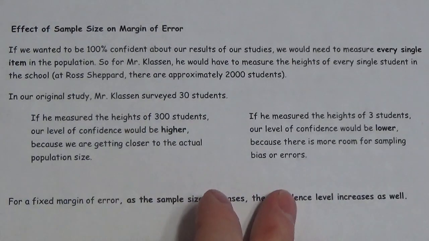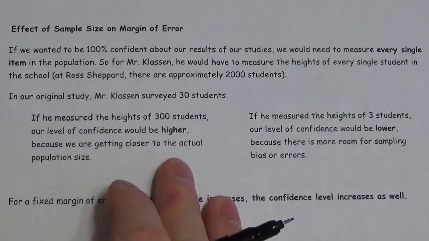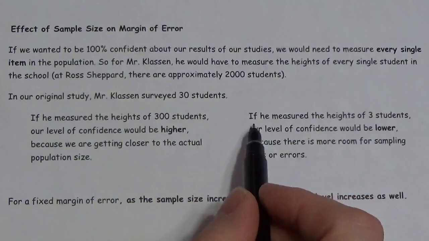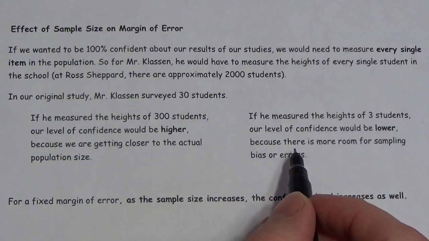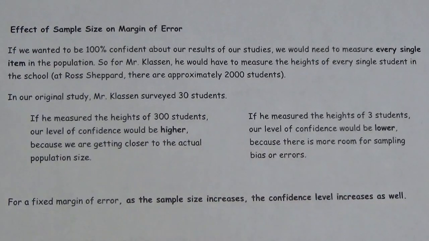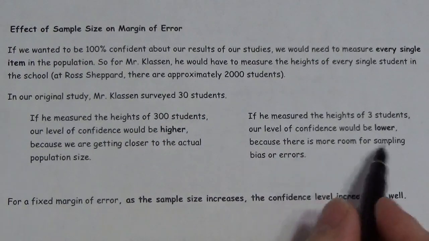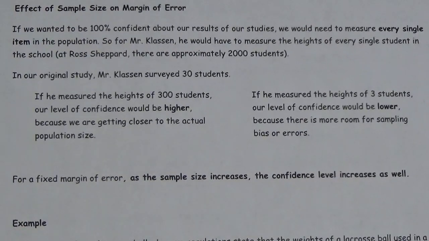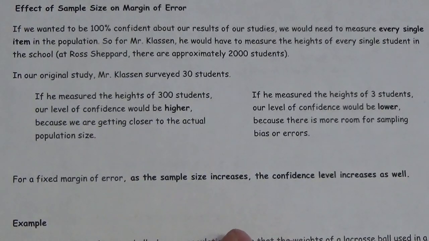That's still not 100%, unless you've talked to 100% of the people. But compare that to this. If you measured the heights of only 3 students, your confidence would be quite low in those results. There's just way too much room for sampling error. If he went to the basketball team inadvertently and talked to them, well, then those results are going to be way out of line with the rest of the group.